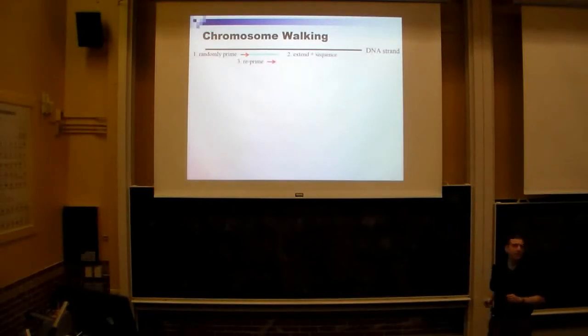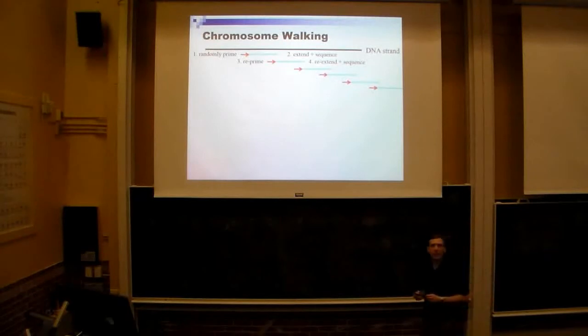So we can design a primer based on knowing the sequence for the next kilobase, and we can then do another PCR reaction, get another kilobase of sequence, run that through our sequencing machines, and find a new primer, and basically just keep doing that over and over, walking along the chromosome, hence the name chromosome walking.